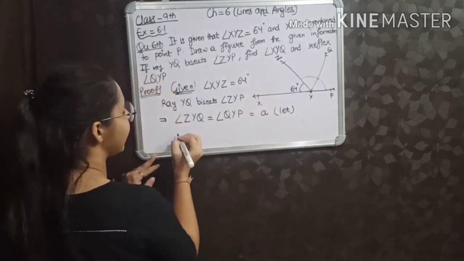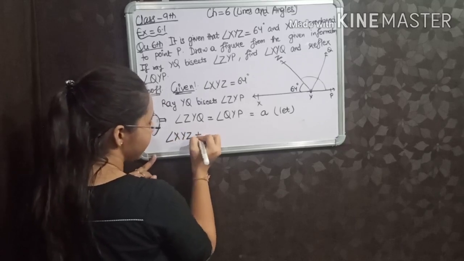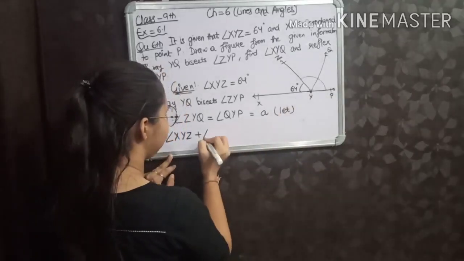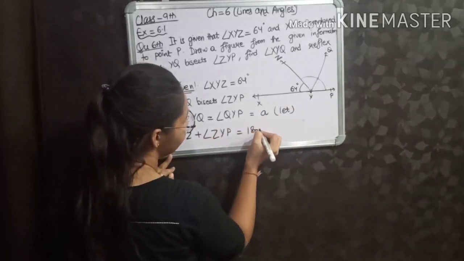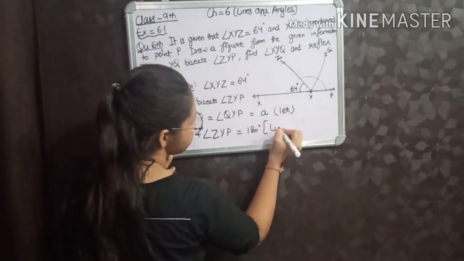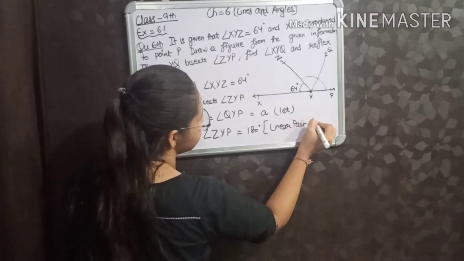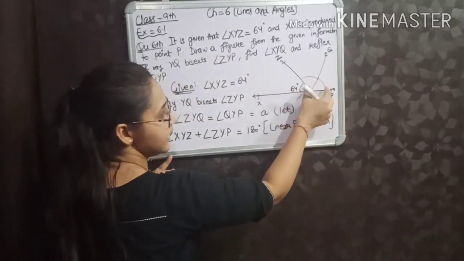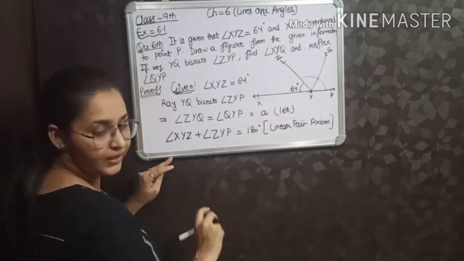So you can write angle XYZ plus angle ZYP, this complete angle, is equal to 180 degrees. This is by linear pair axiom.